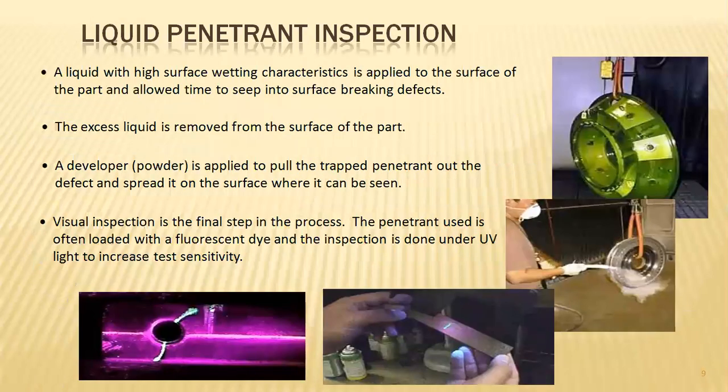Coming to the liquid penetrant test. Here it is clearly showing the liquid penetrant test. The liquid, an acidic or basic source, is applied on that particular part. This is the specimen.